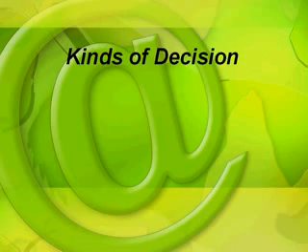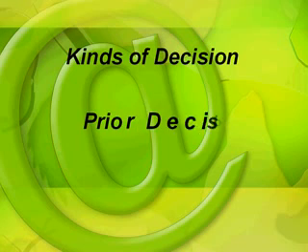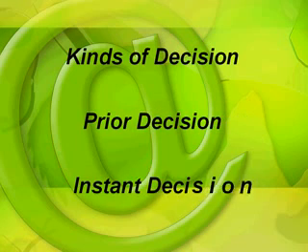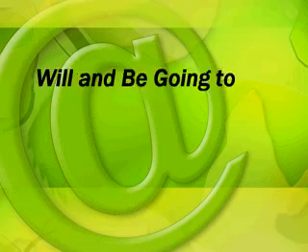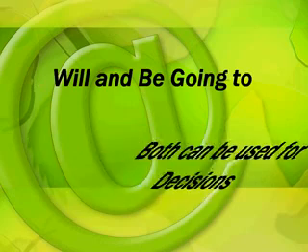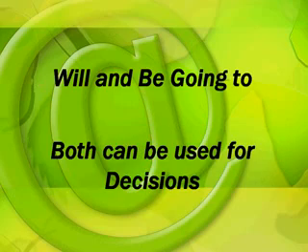Now we'll look at using will or going to for decisions. First of all, we'll look at kinds of decision: prior decision and instant decision. Will and be going to both can be used for decisions.